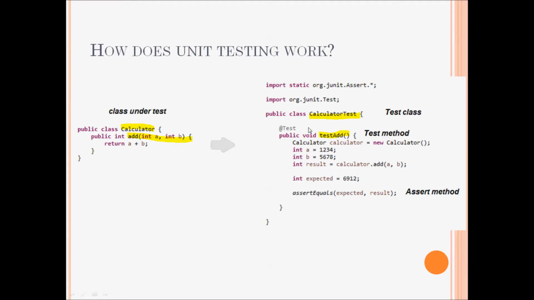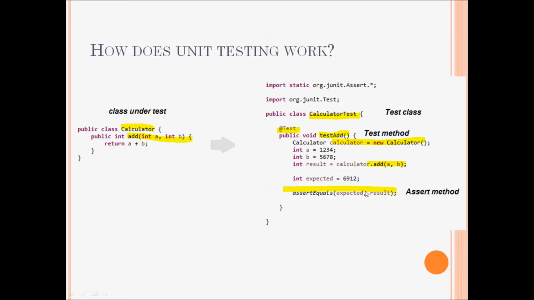This method is annotated with the @Test annotation. And inside this test method, we create an instance of the class under test, and call its method. And finally, in the test method, we call an assert method. Here, the assertEquals method to verify if the code produces the result as expected or not. The assertEquals method compares two values, whether they are equal or not.